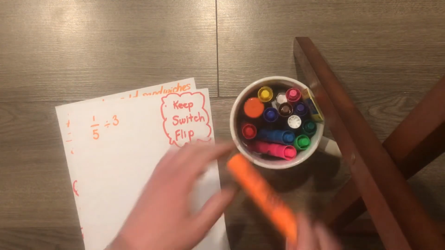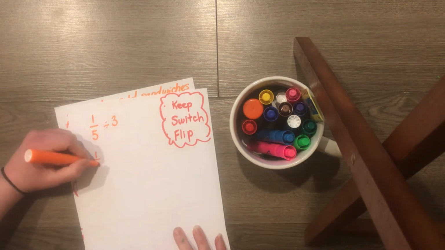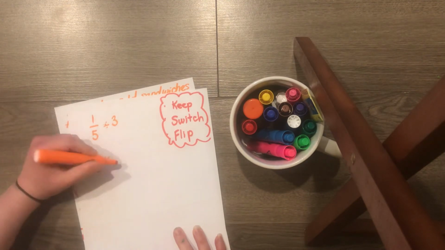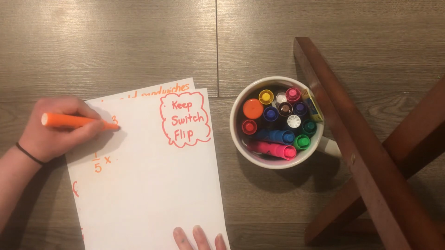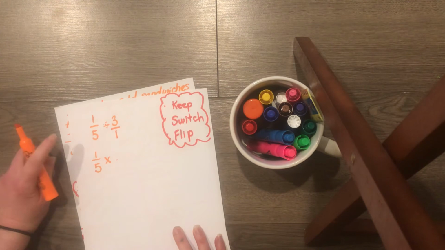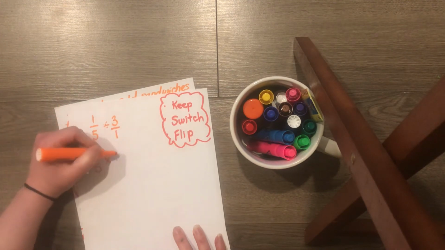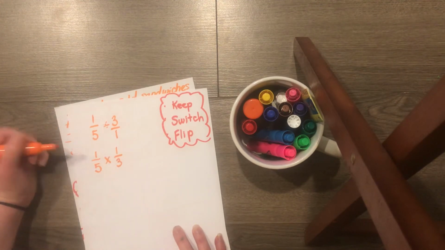So that means I keep my 1/5. I switch my sign from division to multiplication, and now, oh, wait a second. I've got a unit here, so I need to make this into a unit fraction, 3/1. Now, again, I keep, I switch, and now I flip. So my 3/1 becomes 1/3.